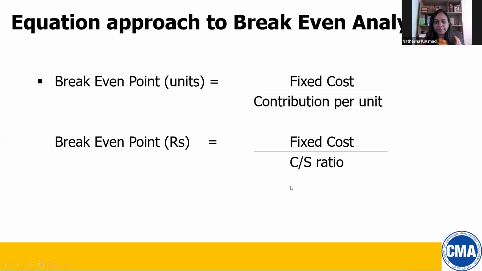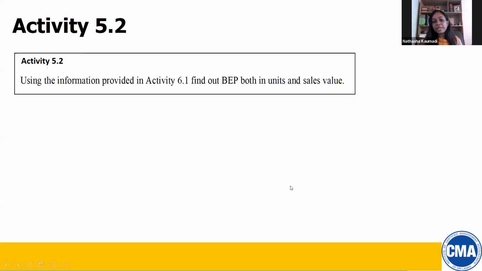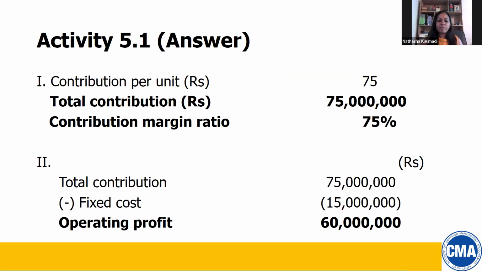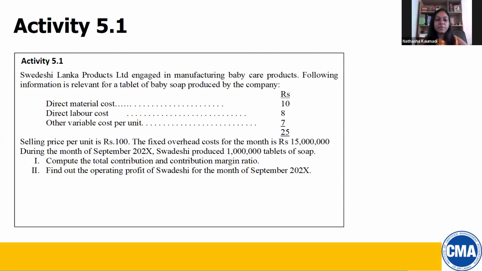Okay, are you clear? Now calculate the break-even point in units and sales value, not 6.1, 5.1 actually. From this one, calculate the break-even point in units and the break-even point in rupees.